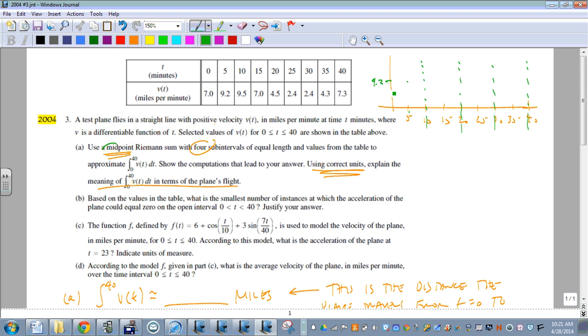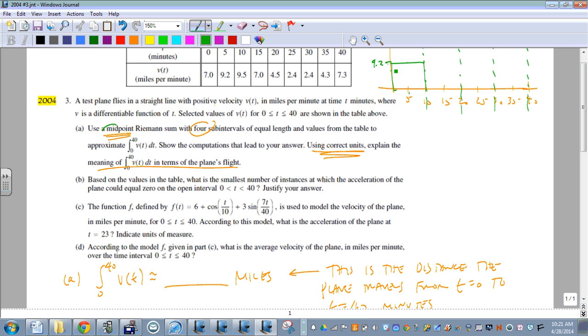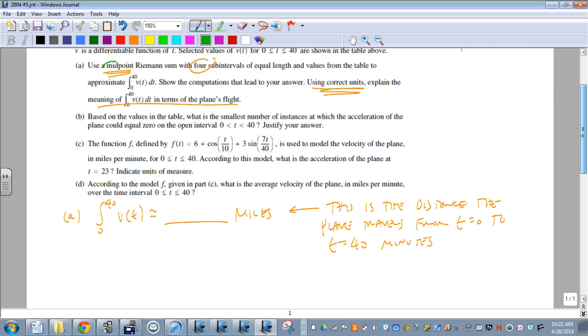We're going to have other points like down here at 7 and then 9.5, but the height of our rectangle that we're using to approximate the area is at the midpoint. So we're going to draw a rectangle right here. This rectangle has a base of 10 and the height is going to be that midpoint, 9.2. So we're going to have 9.2 times 10 for our first rectangle.